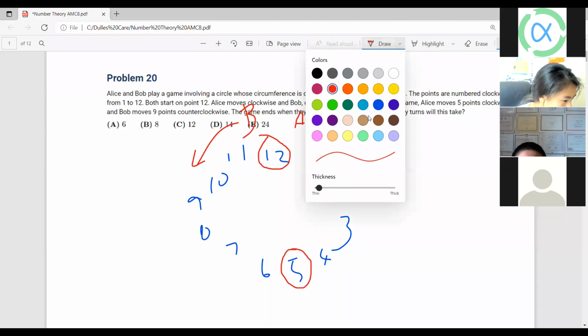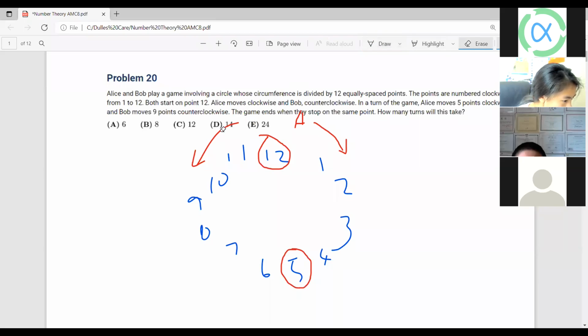Bob, who is green, let me erase this and redo this in green. Bob moves from 12 to 11 to 10 to 9 to 8 to 7 to 6 to 5 to 4, and he ends up at 3. So Bob ends up at 3, Alice ends up at 5.